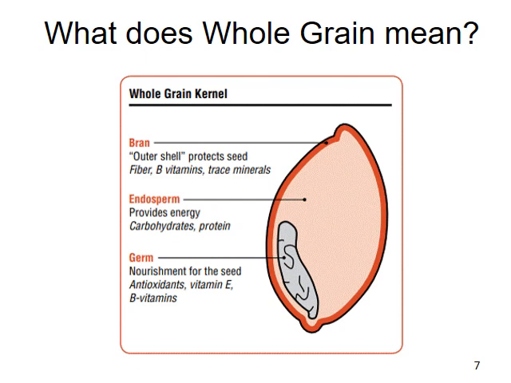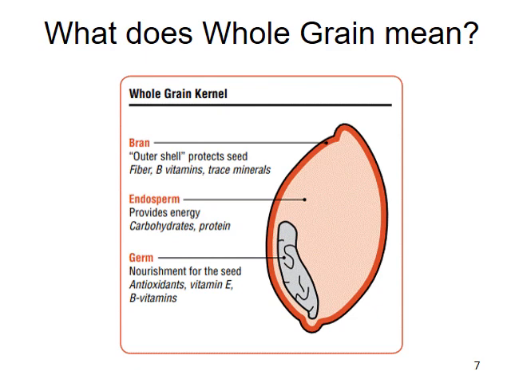The endosperm is the largest part of the grain kernel. It provides energy in the form of carbohydrates and also contains protein. The germ is the embryo, the reproductive part of the kernel, and it contains antioxidants, vitamin E, and some B vitamins. Whole grains are grains that consist of the entire kernel, all 3 parts.